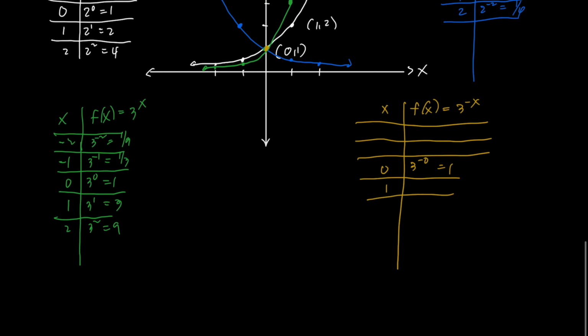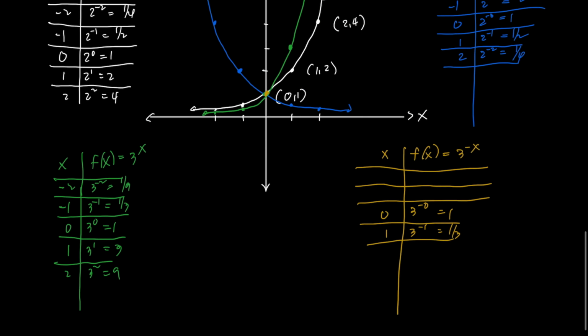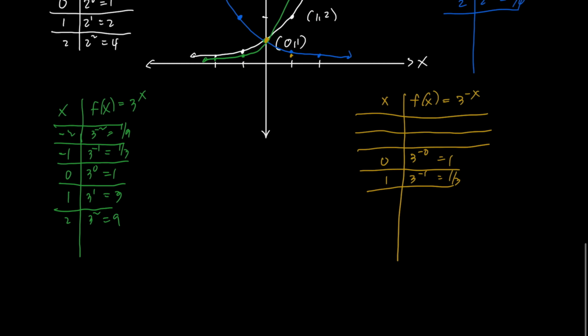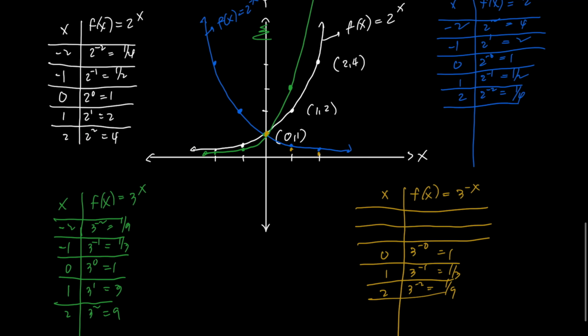If x is 1, that's 3 to the negative 1, that's 1/3 here. Now if x is 2, that's 3 to the negative 2, that's 1/9.